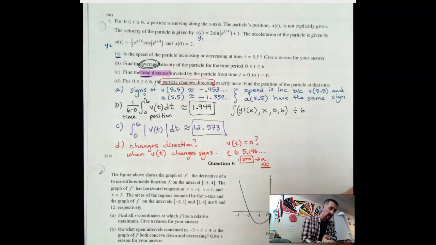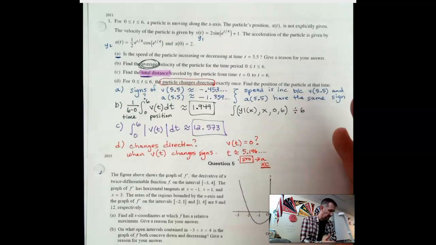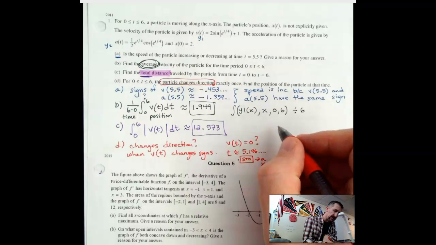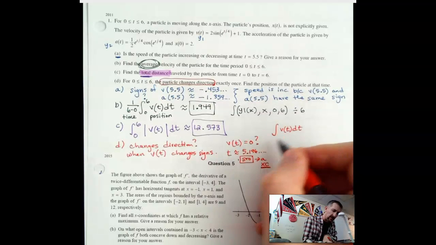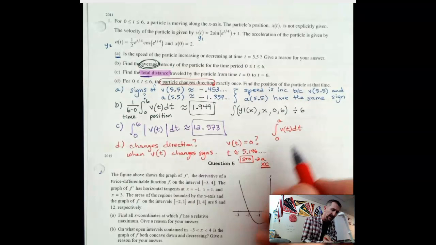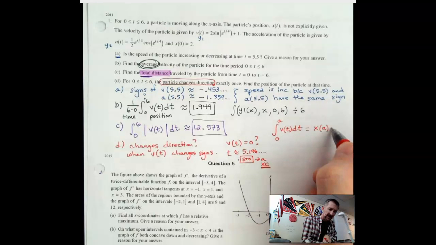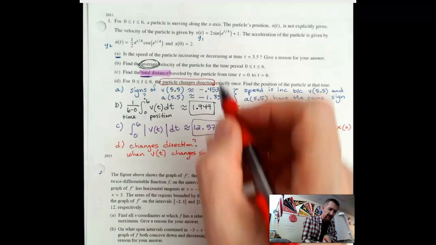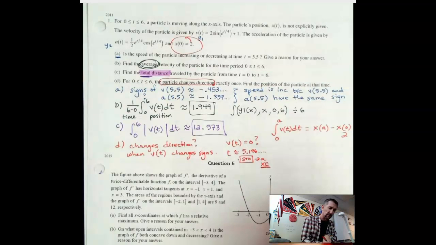But okay, find the position of the particle at that time. The position of the particle when it changes direction. So if we integrate the velocity from 0 to A, or XC here, that's probably why I used A because it looks better there. That's going to equal the position at A minus the position at 0, which we have right up there is 2.